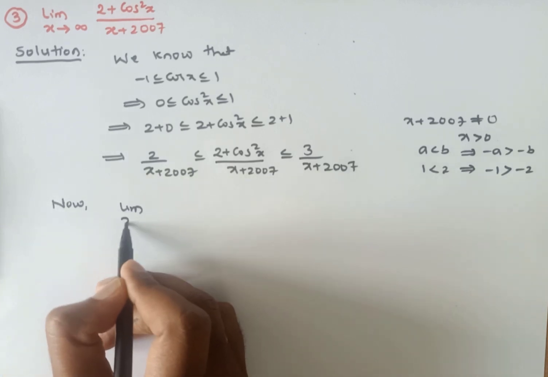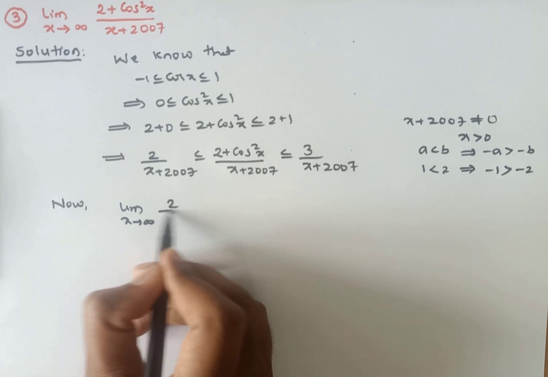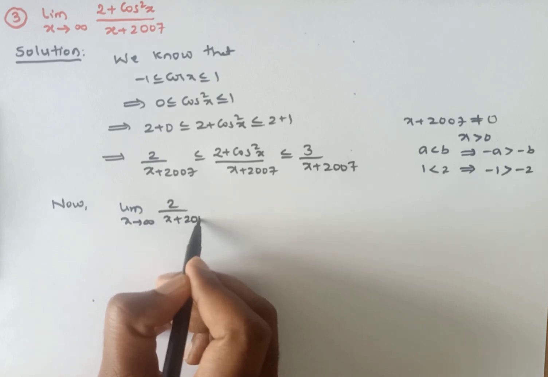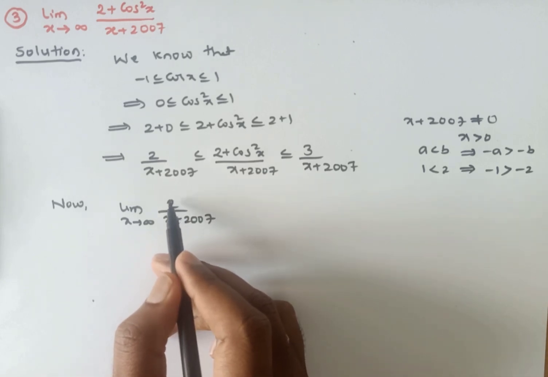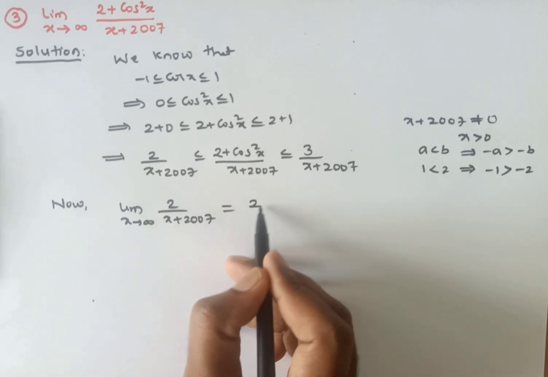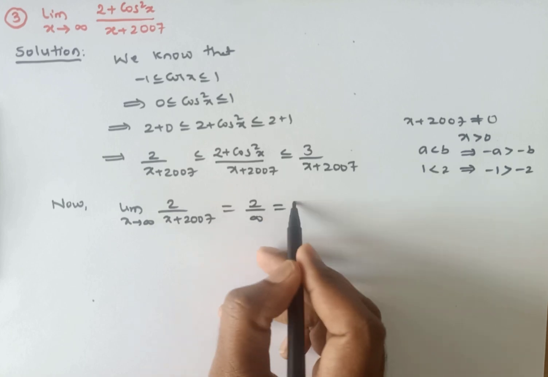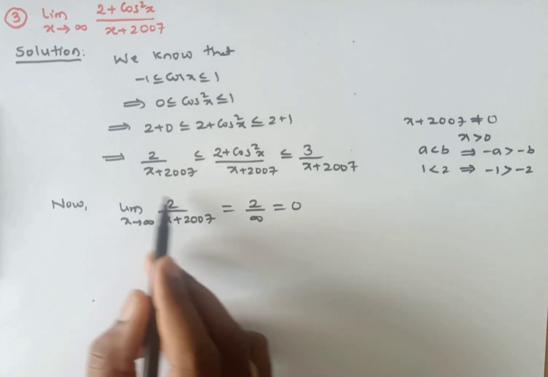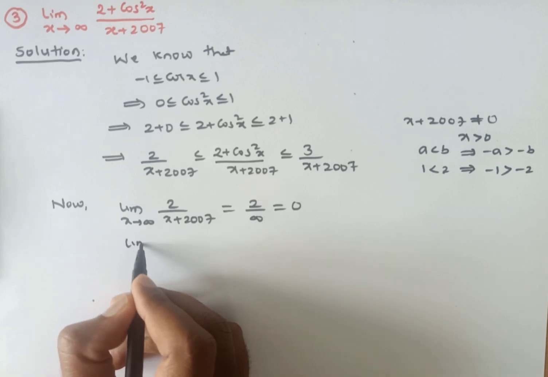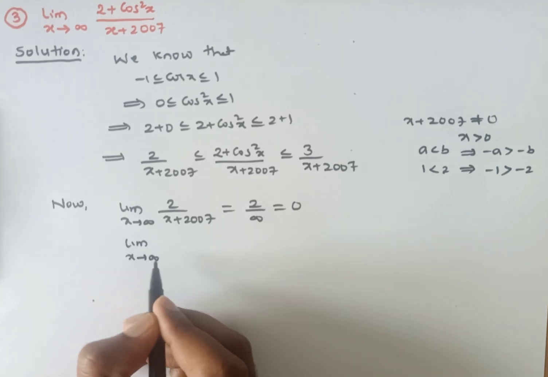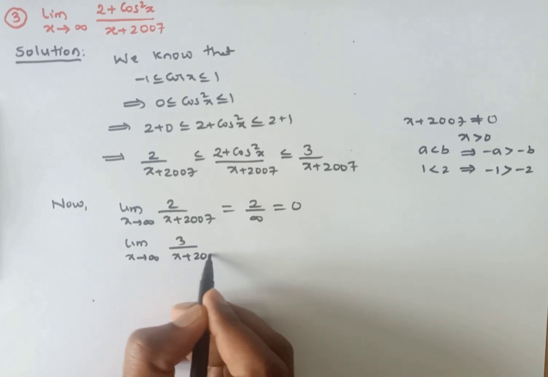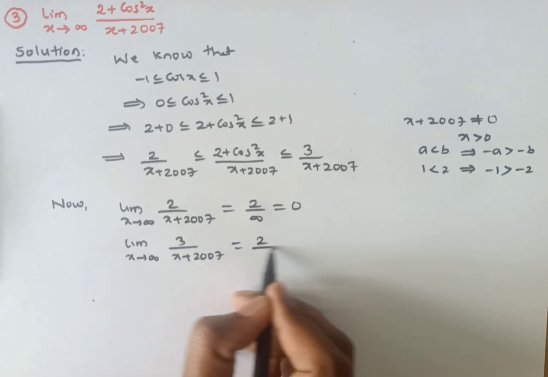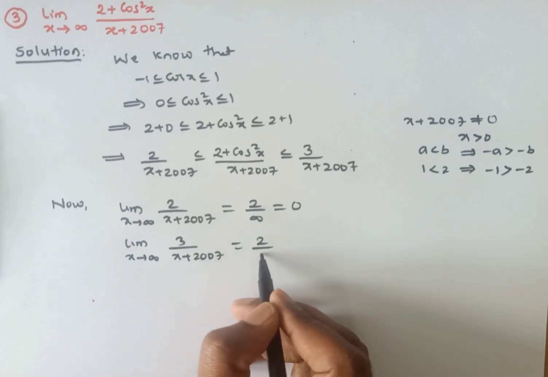Now the limit as x tends to infinity of 2 by x plus 2007. The numerator is a constant value only, so apply the limit directly. It is a 2 by infinity case, so therefore it is 0. So the limit for the left function is 0, and similarly for the right function, the limit as x tends to infinity of 3 by x plus 2007: infinity plus 2007 is also infinity.